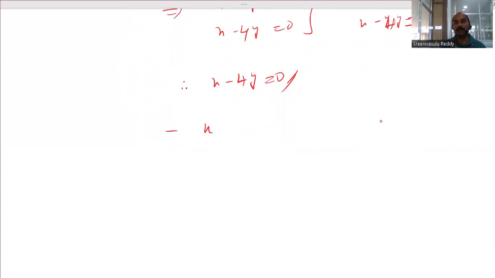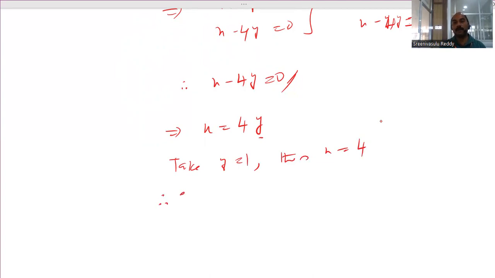That implies here x equal to 4y. If you take any y value, the x value is 4 times the y value. So take y equal to 1, then x equal to 4.